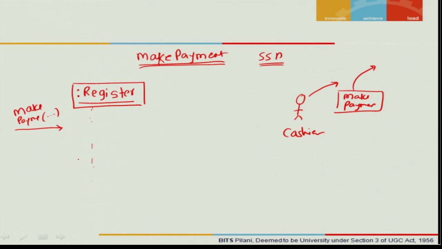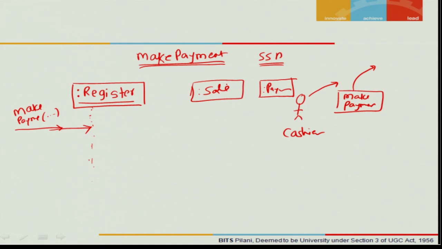So suppose we are drawing a sequence diagram, that make payment is coming to the register. Then who will create that payment object? Right now make payment is just fired, so the payment object should be created. So the make payment message will be going to the sale object. We know that the sale object is already created.